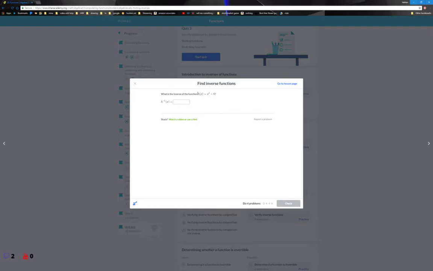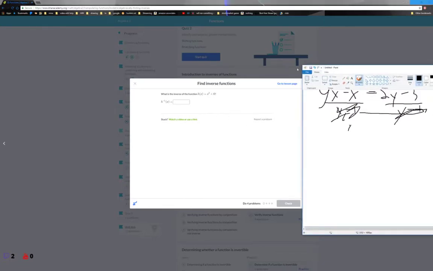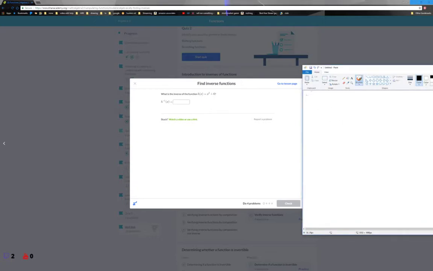So what is the inverse function of h of x equals x to the 5th plus 6? So here we go. Alright, so replace h of x with y equals x to the 5th plus 6.